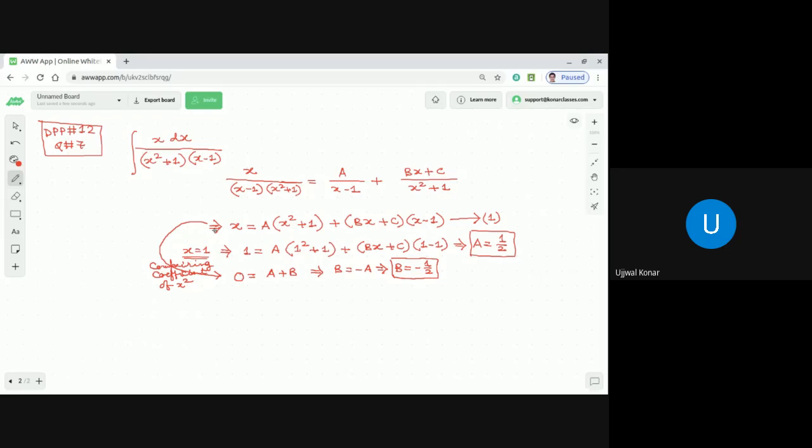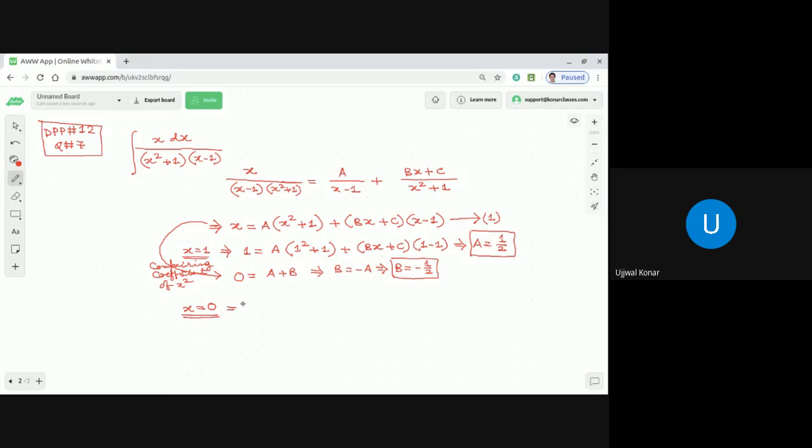If we apply x equal to 0, what we are going to get in the left hand side is 0, equals to A.